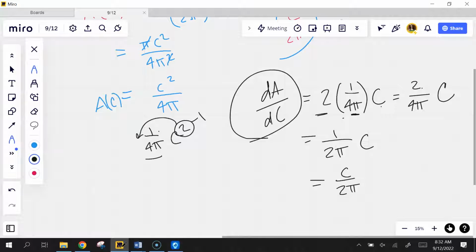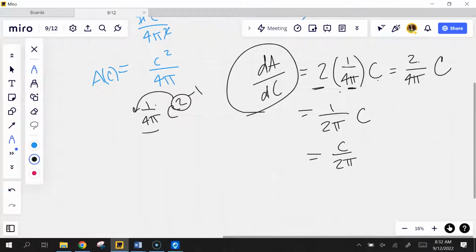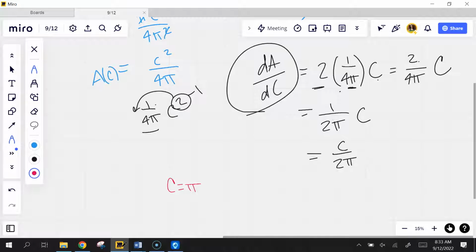Part C said evaluate the rate of change of A at c equals pi and c equals 6 pi. So I'm assuming I'm still doing instantaneous rate of change here, since we calculated that before. They should probably definitely put that in there. But at c equals pi, all I'm doing is plugging into this dA/dc I already found.